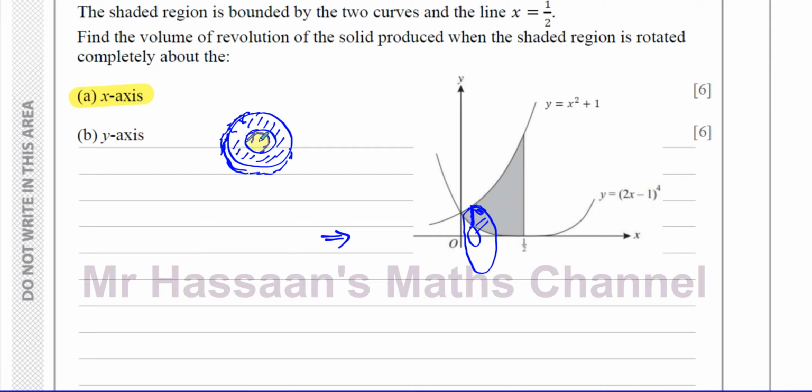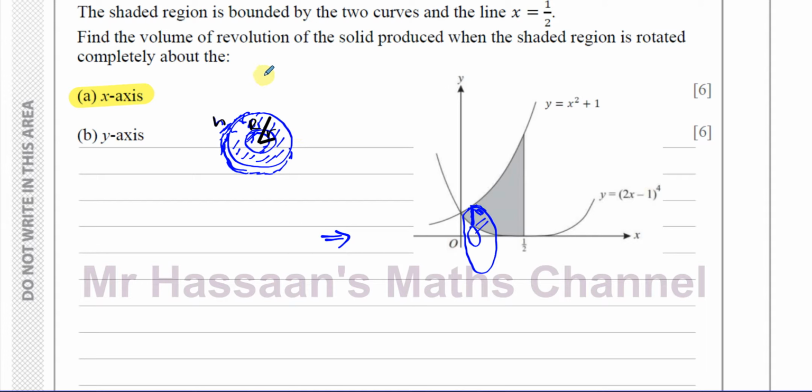In this case, you're going to have the outer radius and the inner radius. Let me change the color so it's clearer. So this is h, the thickness, this is big R, and this is small r.